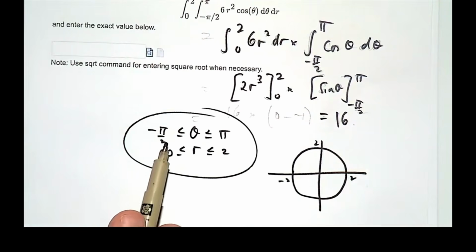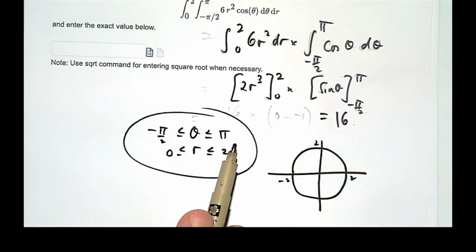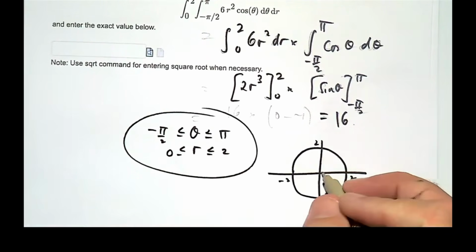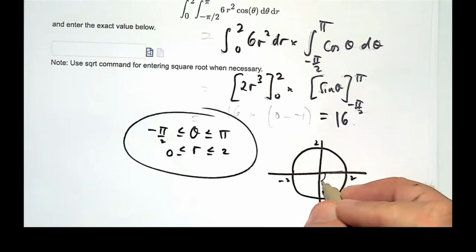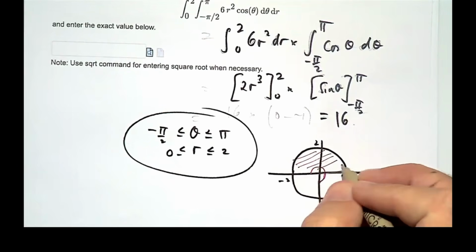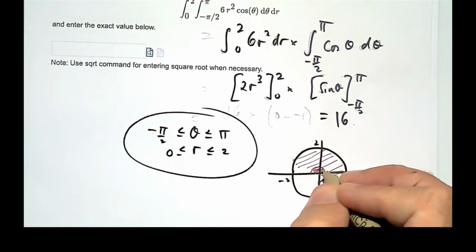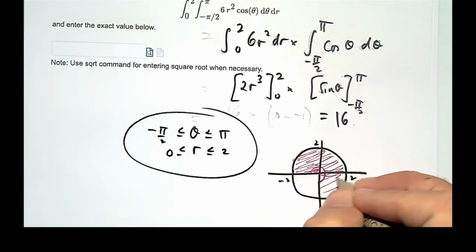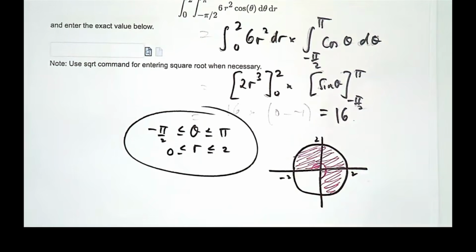And then the angle is between negative pi on 2 and positive pi. So that's my 0 angle. I want to go down there, start there, and then go all the way around. So that's my region of integration.